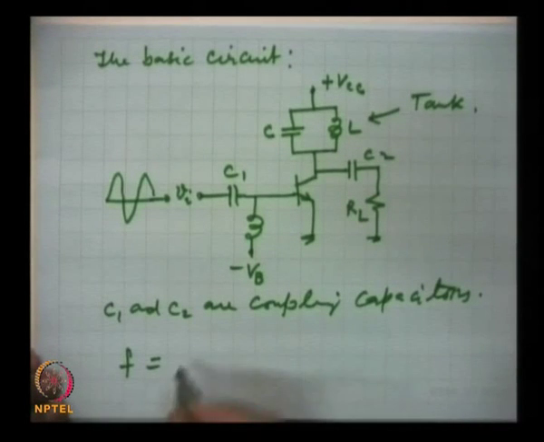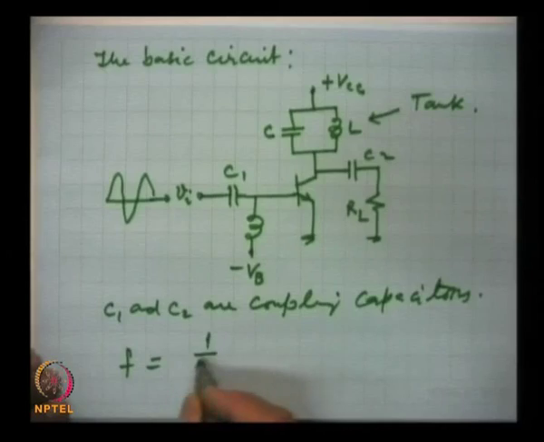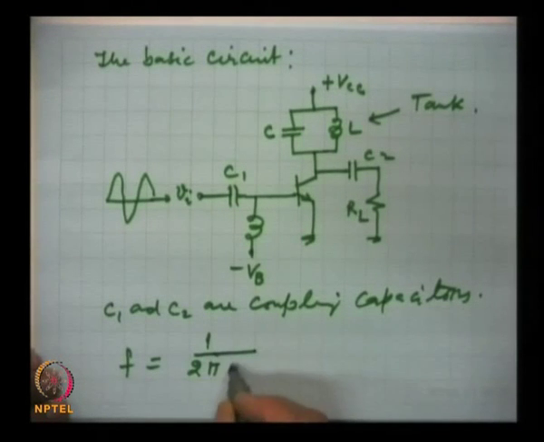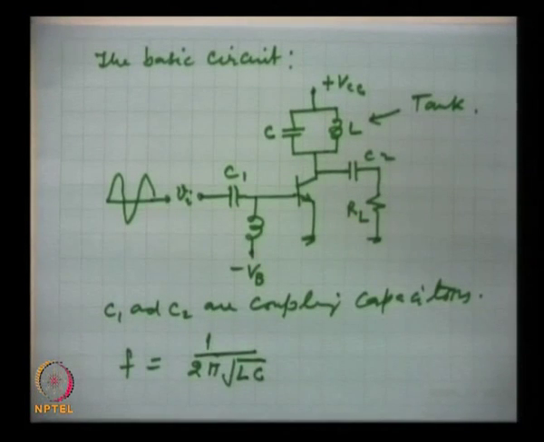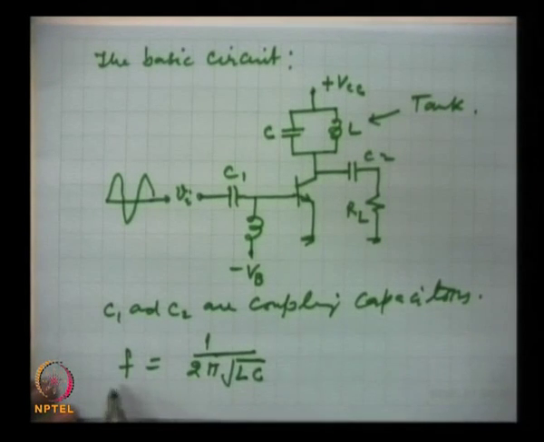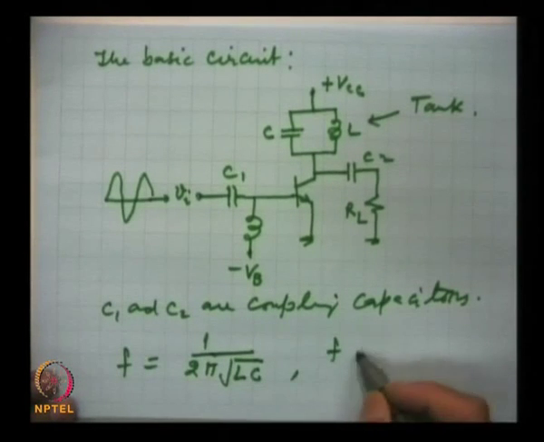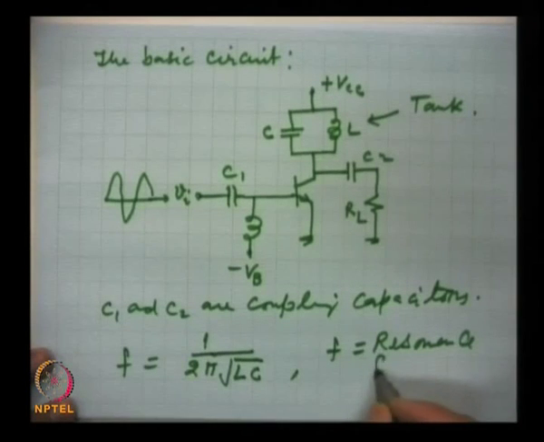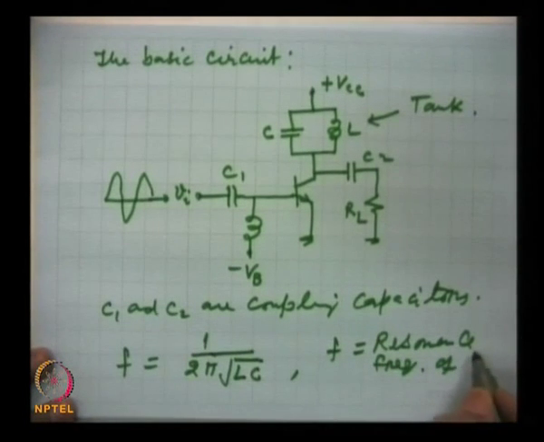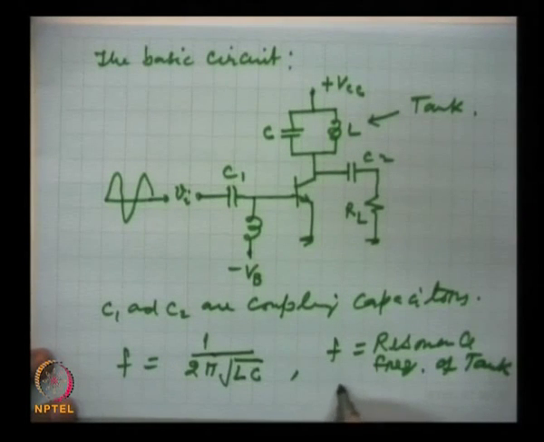This is the resonance frequency, 1 by 2 pi root LC. This is the resonance frequency of this tank circuit, and it is the same as f, the resonance frequency of the tank and also equal to the signal frequency.